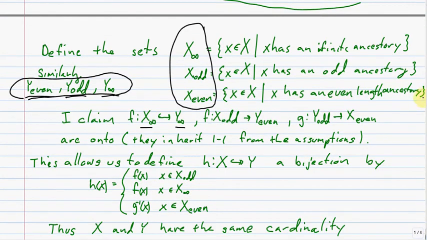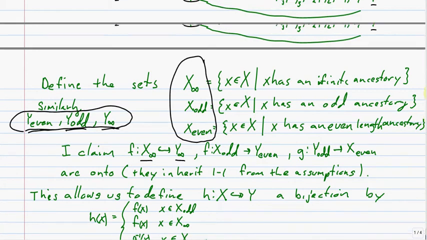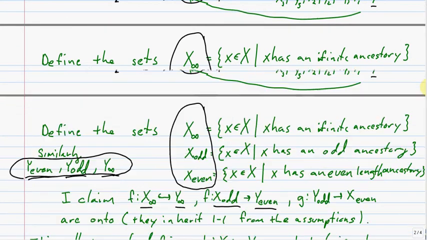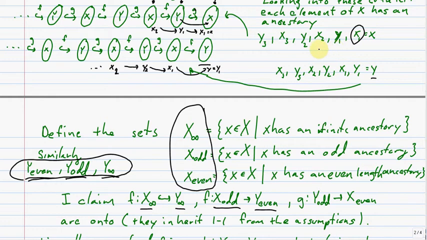Maybe slightly more difficult, but actually the same idea, is that elements in X odd are in one-to-one correspondence with elements of Y even. In other words, if I have something with an odd ancestry up here, it'll end in an x, right?